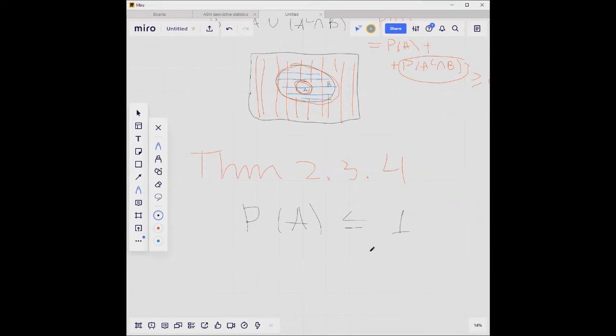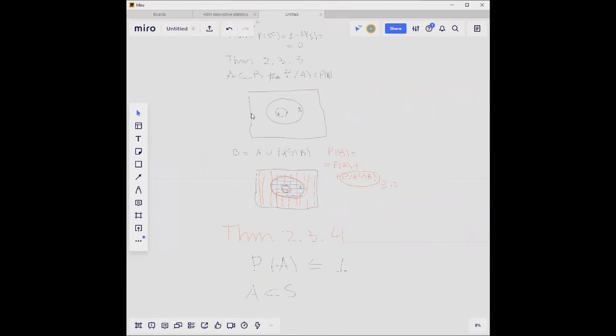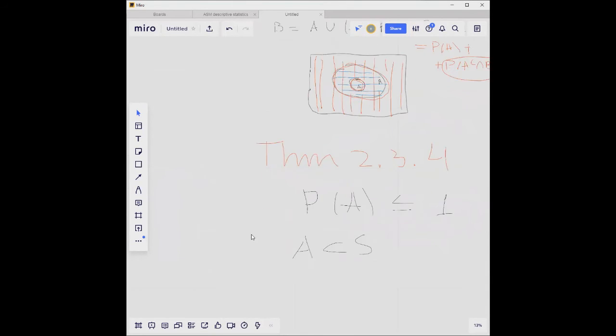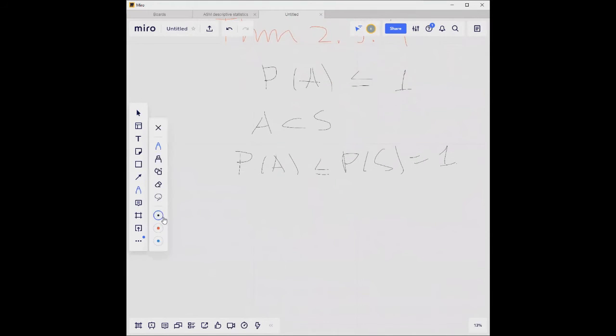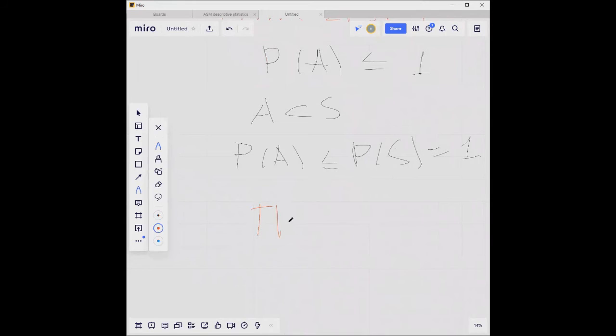We know that by definition, any event is a subset of the sample space, which then follows from our previous theorem that the probability of A is less than or equal to the probability of S, which is equal to 1. All right. Now on to the next theorem. Theorem 2.3.5.